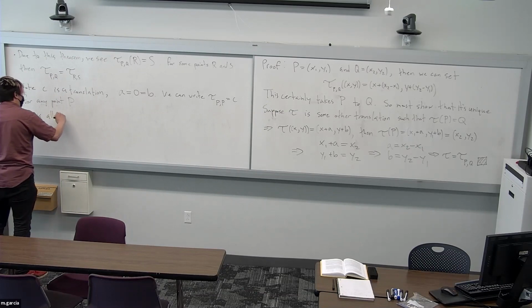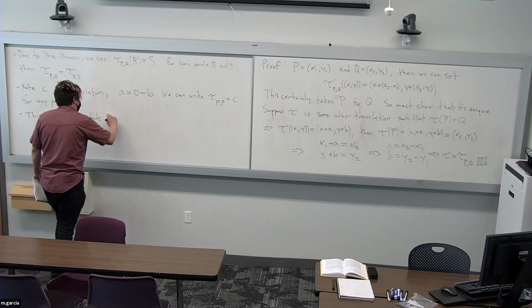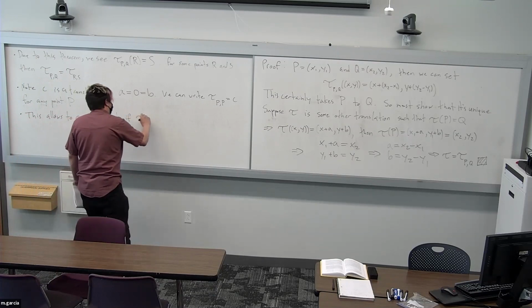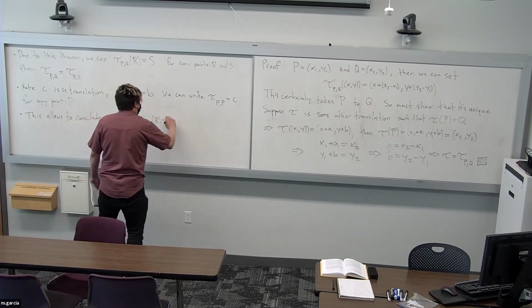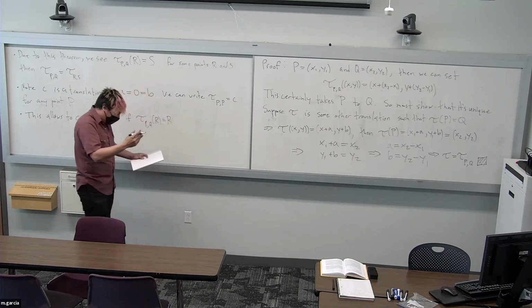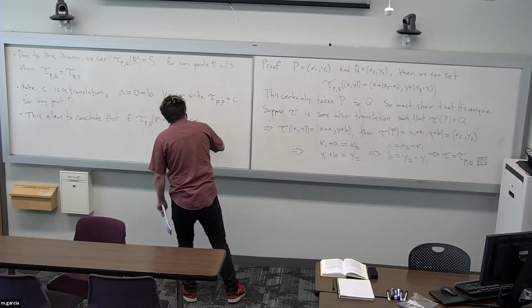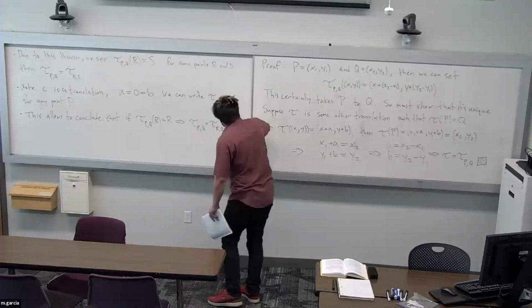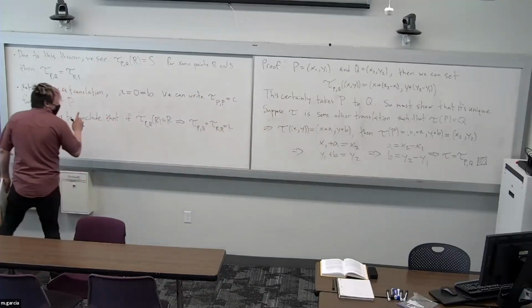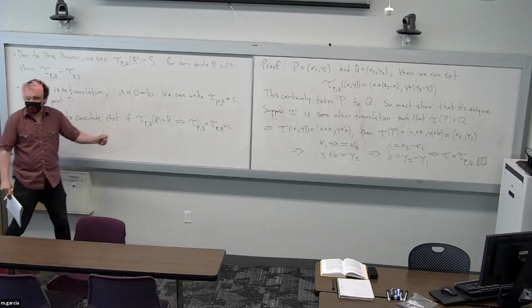this allows us to conclude that if tau sub p comma q of R equals R for some point R, well, that implies that tau sub p comma q is equal to tau sub R comma R, in other words, iota, which in turn implies that the points P and Q that define tau originally are equal.